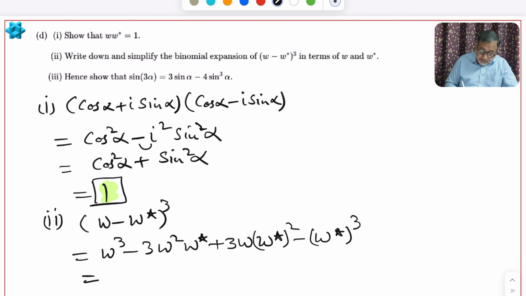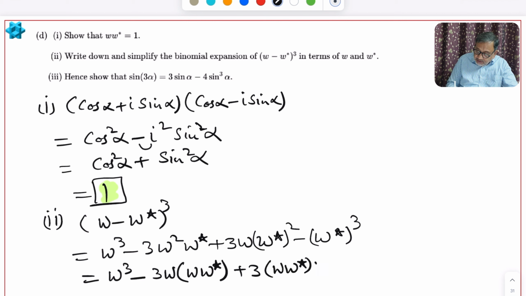Now w cube minus 3w, and one w we will write with w conjugate, plus 3 w conjugate we will write together and one conjugate we will write outside it, minus w conjugate cube.